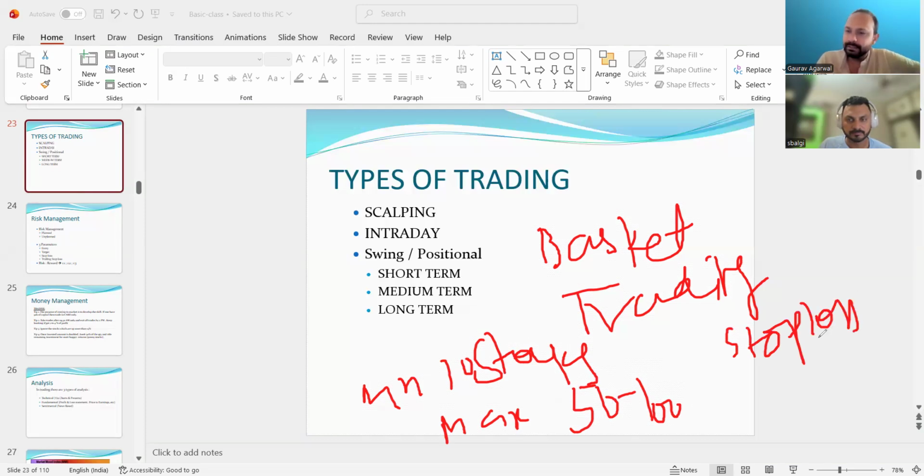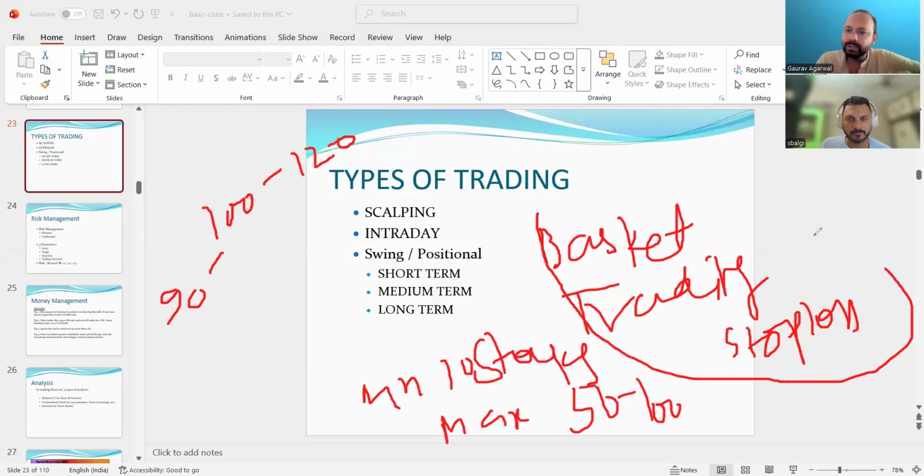Normally we use a stop loss for a single stock. Let's say we buy a stock at 100 rupees, put a stop loss of 90 and keep a target of 120. The same thing here, we use for the full basket. If we have taken 50 stocks, we use one stop loss and one target for all 50 stocks.